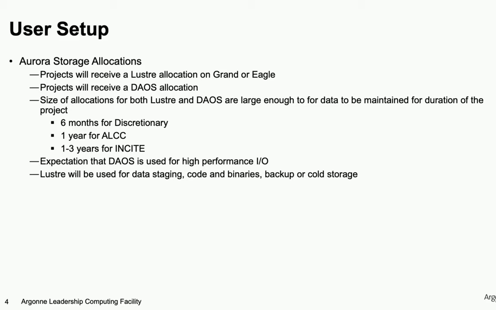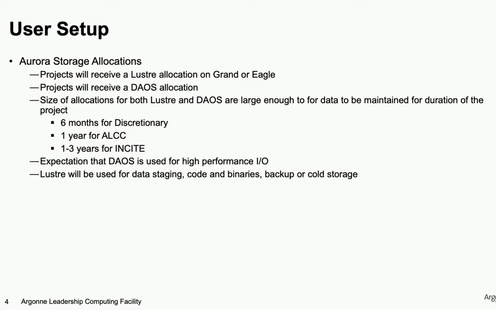They'll be able to use both of these allocations, and both of them are sized so that data can be maintained there for the duration of the project. And here I've listed, to give you an idea of what the duration of projects are, a few different allocation programs. The specifics of these are not so important, but you can see larger programs can store data between 1 and 3 years.